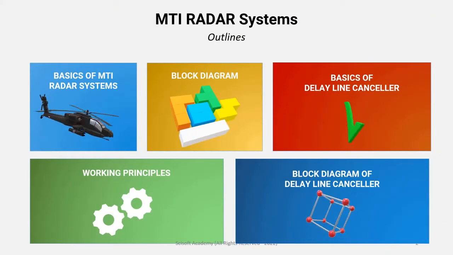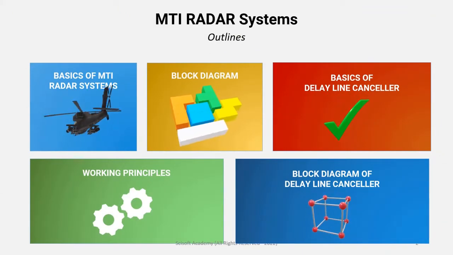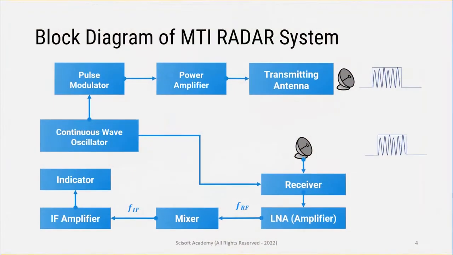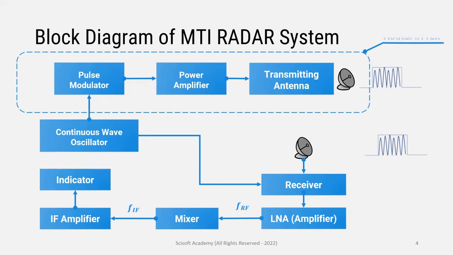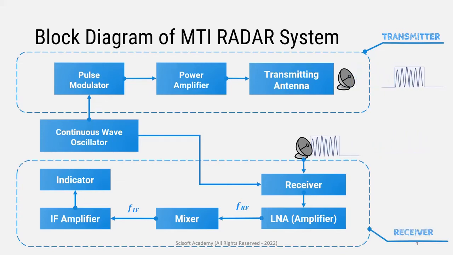Now we'll see the basic block diagram of the MTI radar system. Here we are splitting this into two sections, one for the transmitter section and one for the receiver section. The continuous wave oscillator is going to be a common section for both transmitter and receiver.